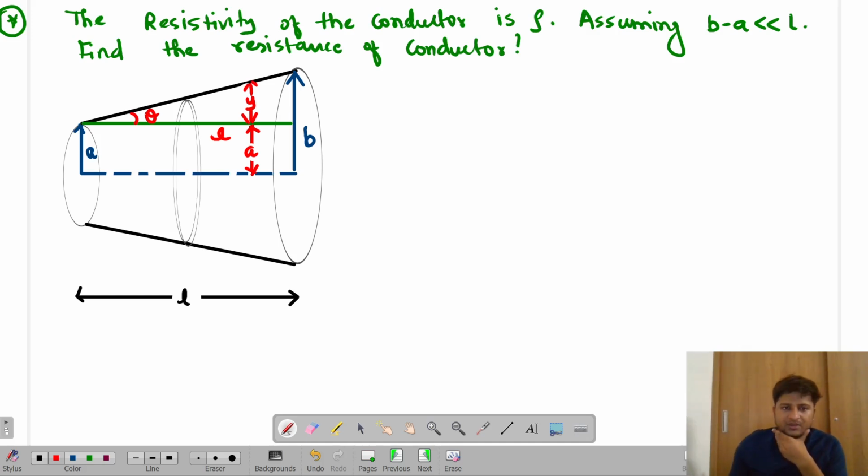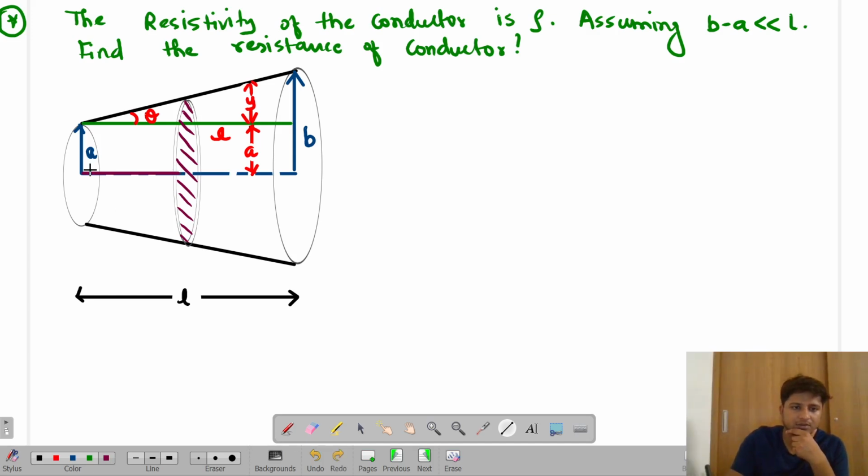So look over here. What I'm doing is I'm considering a small disc in that frustum which is located at a distance x from this center.